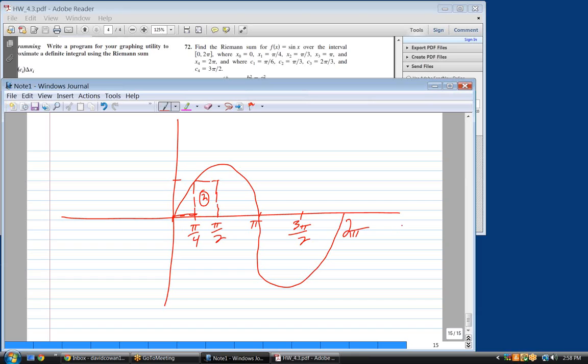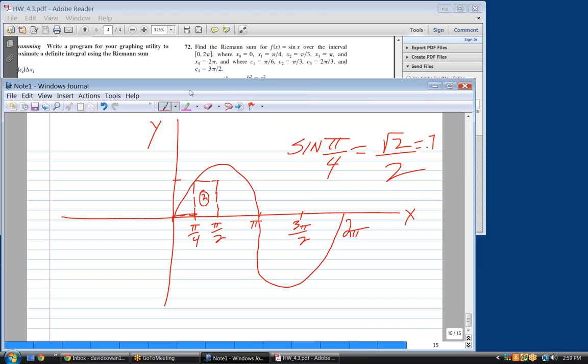That's about a half, isn't it? Well, what specifically is it? It's the sine of pi over 4, right? The sine of which comes out to square root of 2 over 2. Yeah, you're right, that's about 0.7, a little bit more than a half.